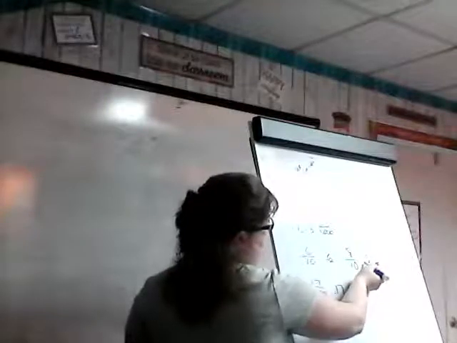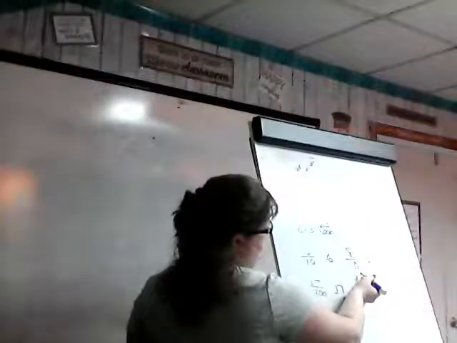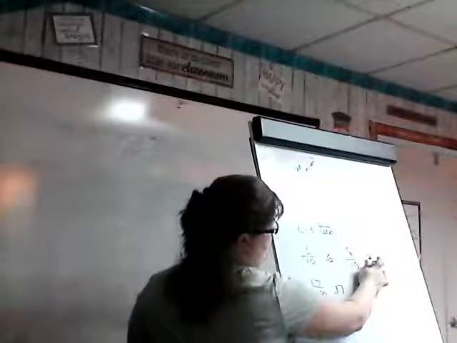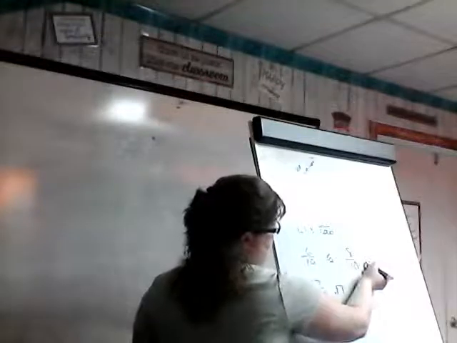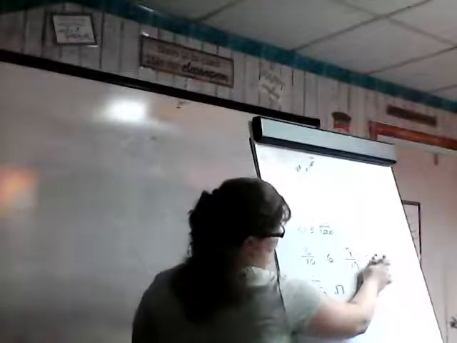Where do I put the decimal point? Here, behind it, or in front of it? In front of it. Good job.